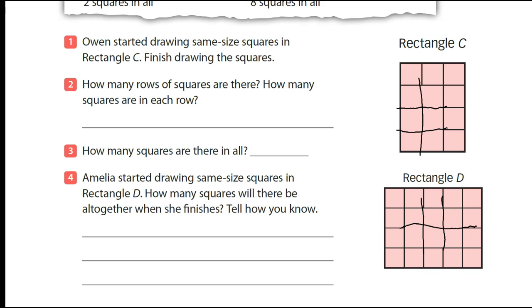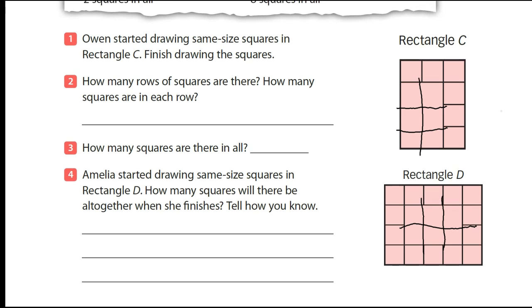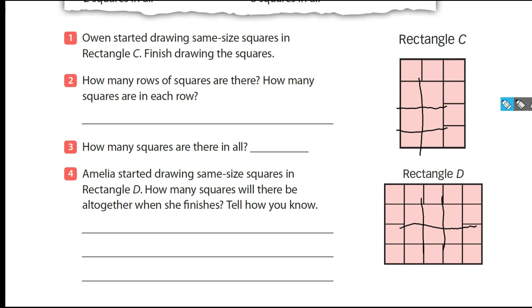For rectangle C, how many rows of squares are there? How many rows do I have? Right here. 1, 2, 3, 4.